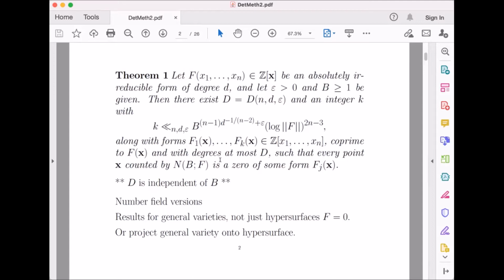And these auxiliary forms have bounded degree, and the issue then is just how many forms we need to cover all the points. And let me emphasize that this degree bound D is independent of the box size. So we don't really know how large it is, particularly in this theorem, but we do know that it's independent of B.